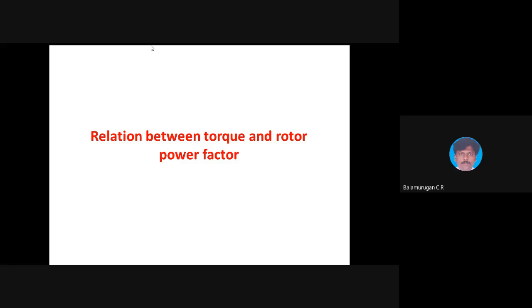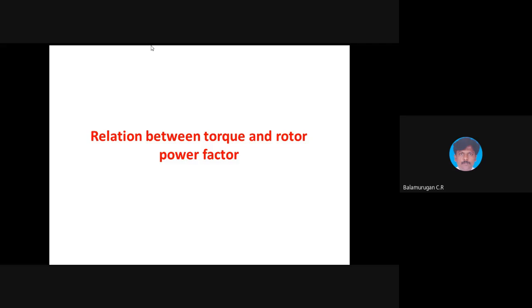In the case of an induction motor, which parameter will be absent when the torque is equal to 0 and there is no rotation? Slip will be absent. Slip comes into the picture once the motor starts to rotate. So when the motor is in idle condition, the slip value will be equal to 0.